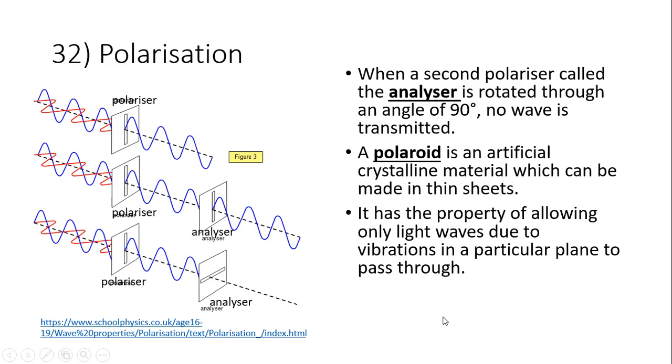It has the property of allowing only light waves vibrating in a particular plane to pass through. That's the property of the polaroid. It means as light passes through the polaroid, it's plane polarized. It's used as a polarizer for light.